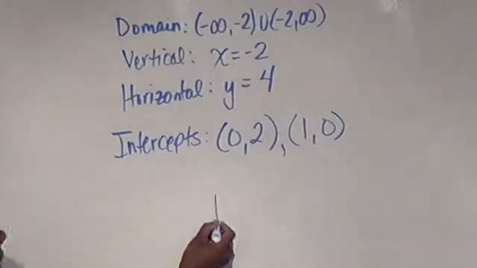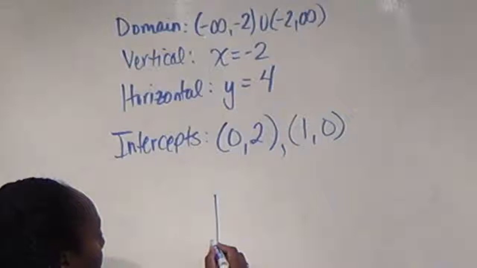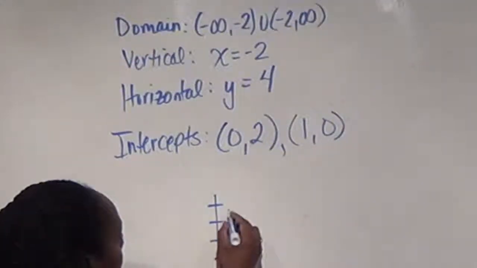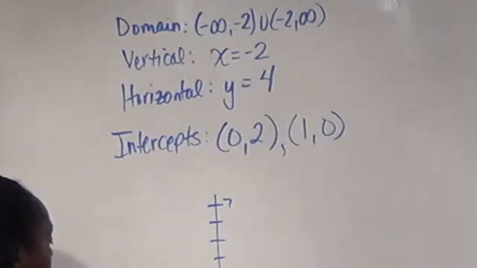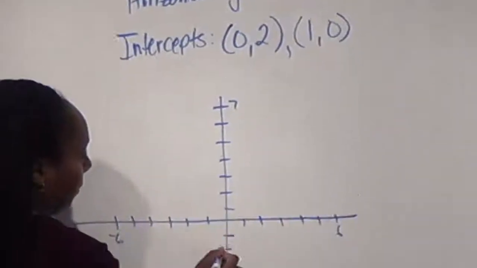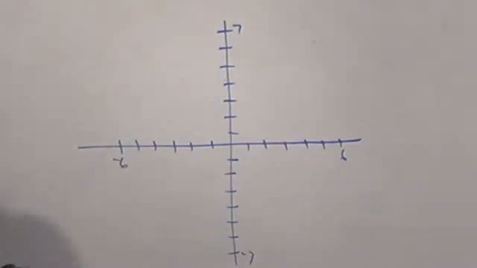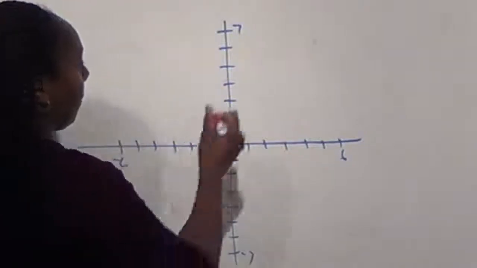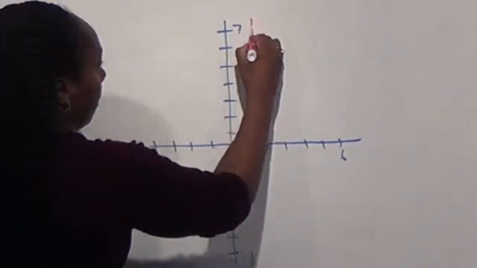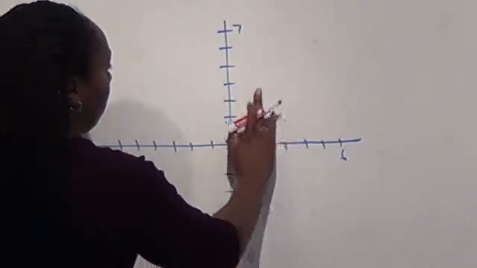So to sketch our graph, we're going to start by putting this information on the graph. Again, always label your graph. Okay, so my vertical asymptote is over here, at x equals negative 2.